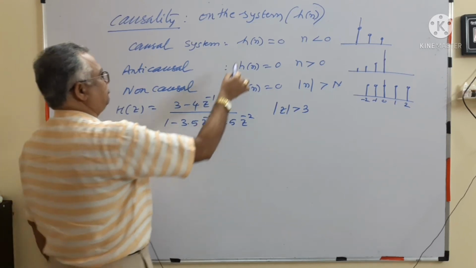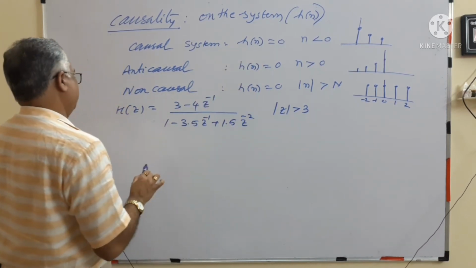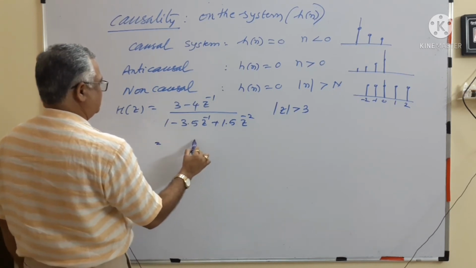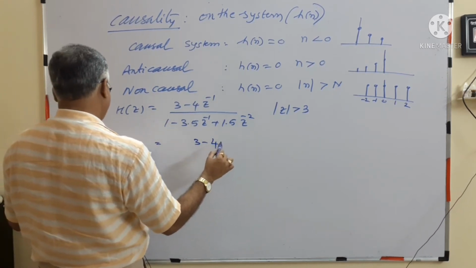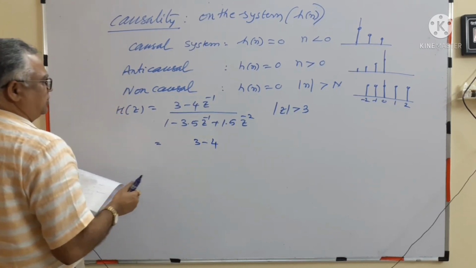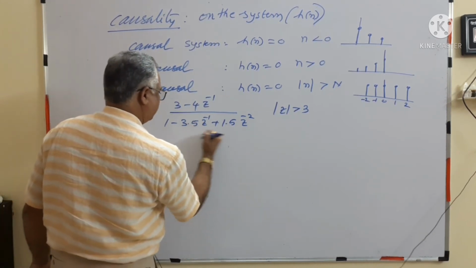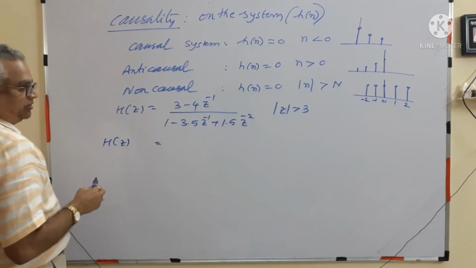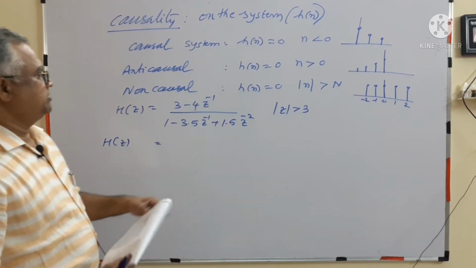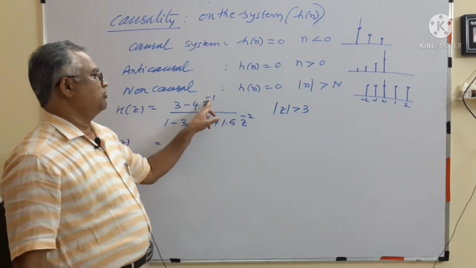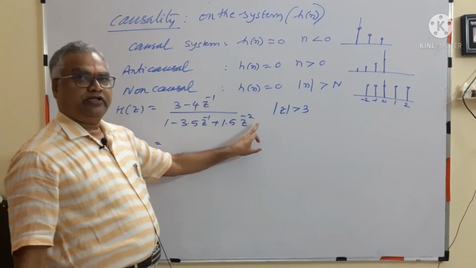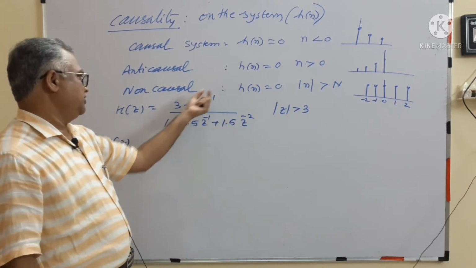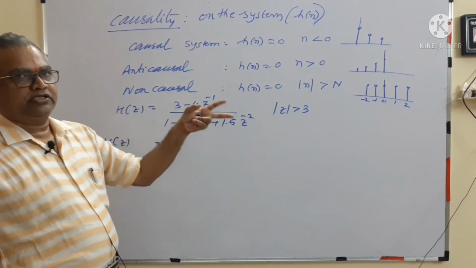To test causality we have to find H of n. So this H of z can be written in factorized form. The detailed part I am not doing, so I am directly giving the H of z answer. Multiply with z power 2, convert into positive powers, then bring it here, partial fractions.